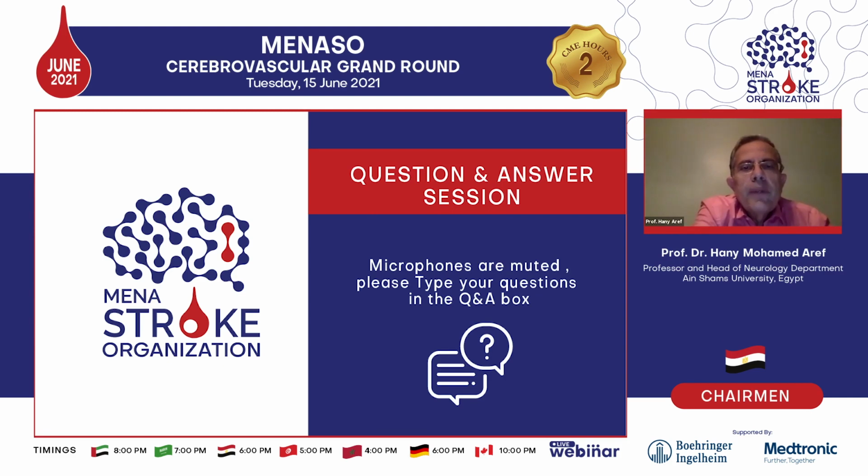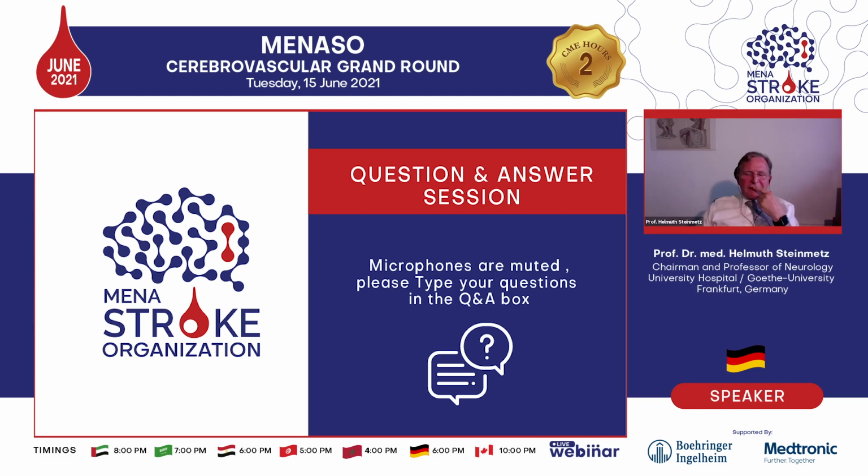Regarding sickle cell patients with thrombosis, how could you manage? I think, Professor Hani, this is a question that's probably for you, because we almost have no such patients, and I have no personal experience, I must confess. This is a condition that we very, very rarely see.